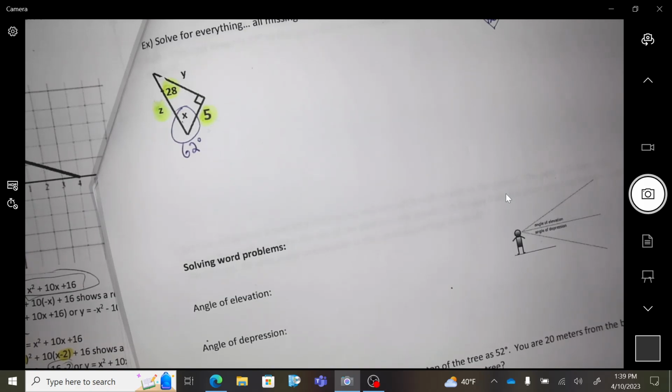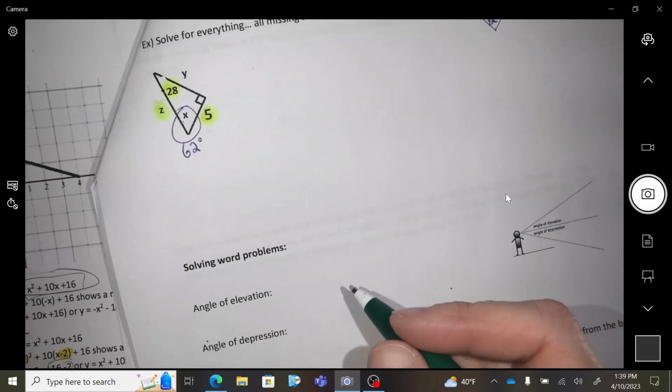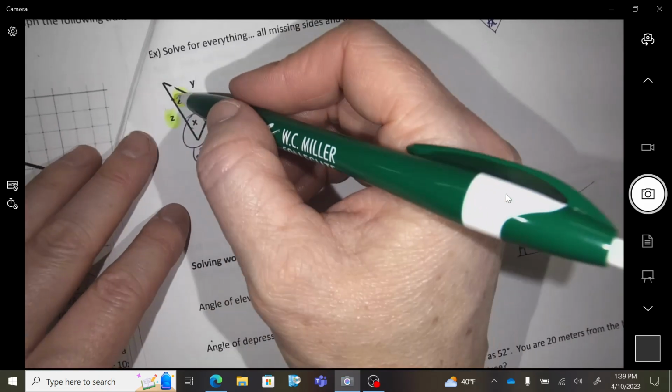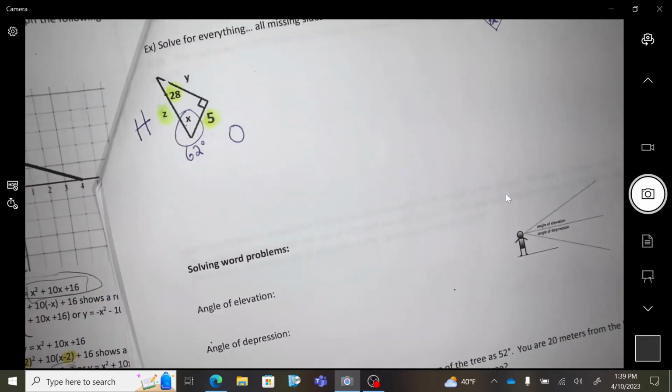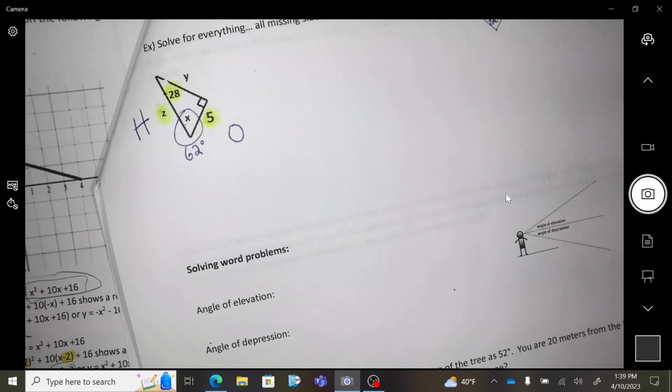Think about your O, your A, or your H. So, if I'm using the 28 degree, then 5 is the O. If you were using the 62, you can totally use the 62, but then you're using the CA, right?